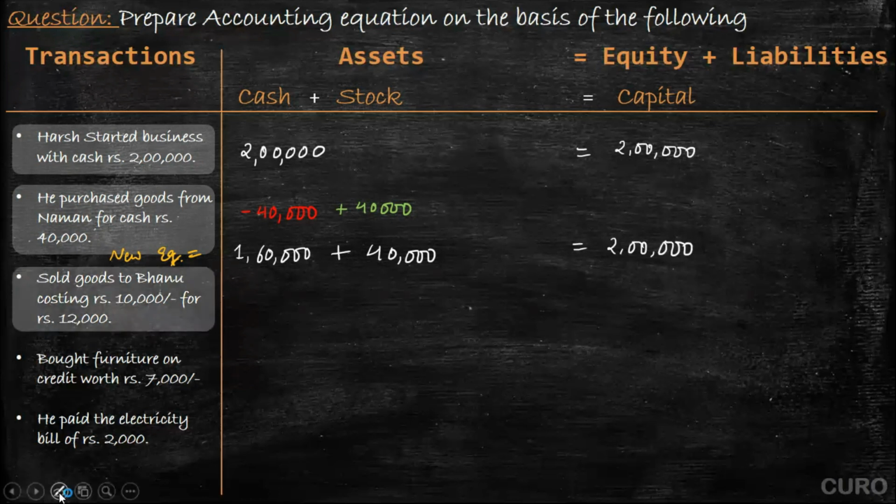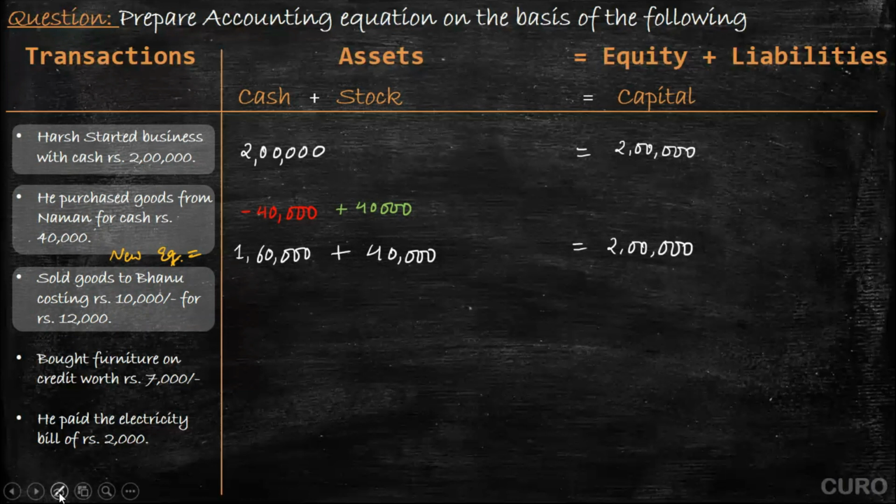Moving to the third transaction, which says Harsh sold goods costing rupees 10,000 for rupees 12,000, which means he sold those goods for a profit of 2,000 as he sold those goods at 12,000 rupees but their cost price was just rupees 10,000.